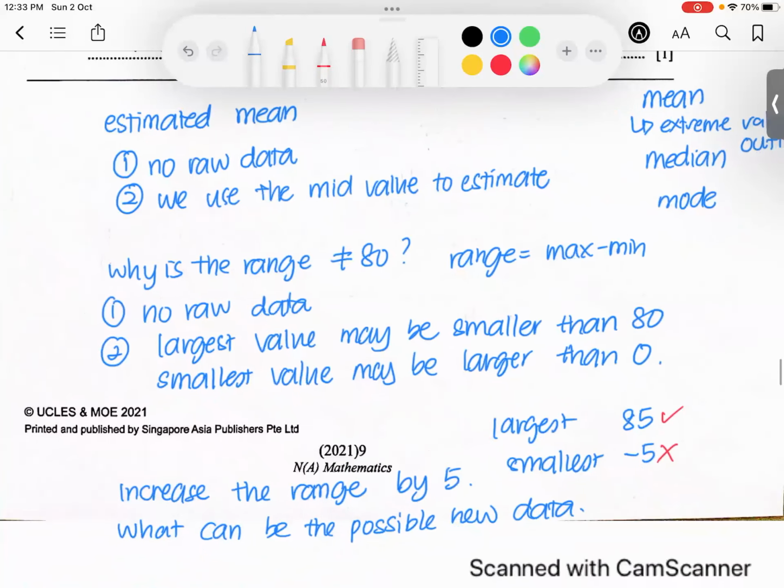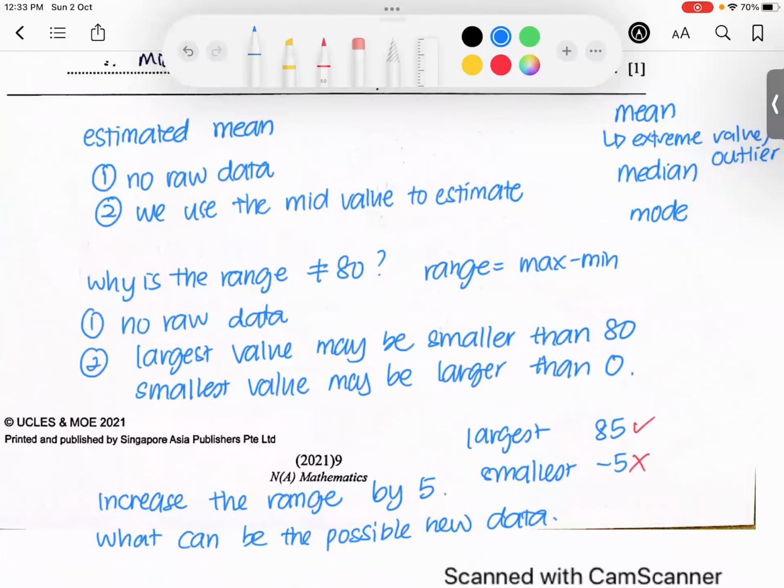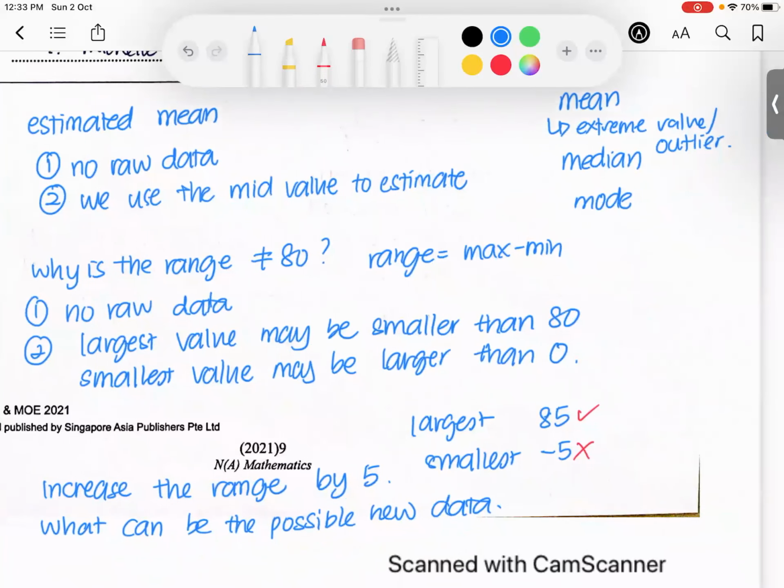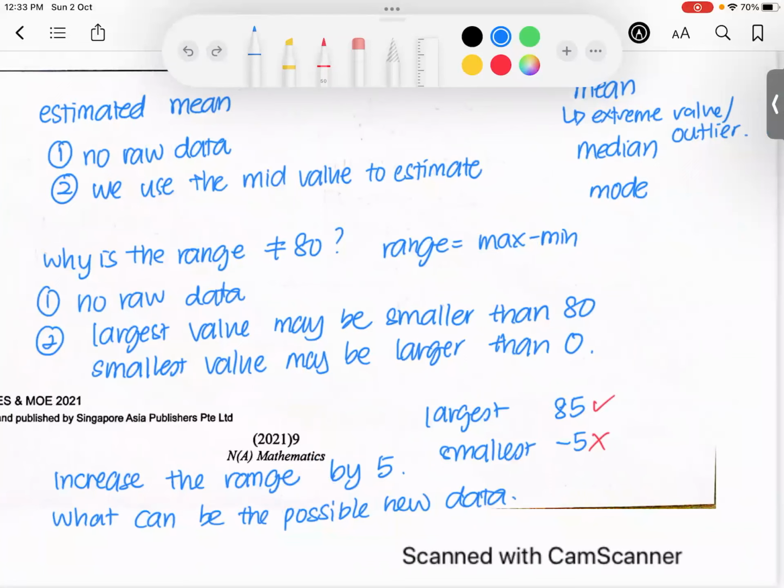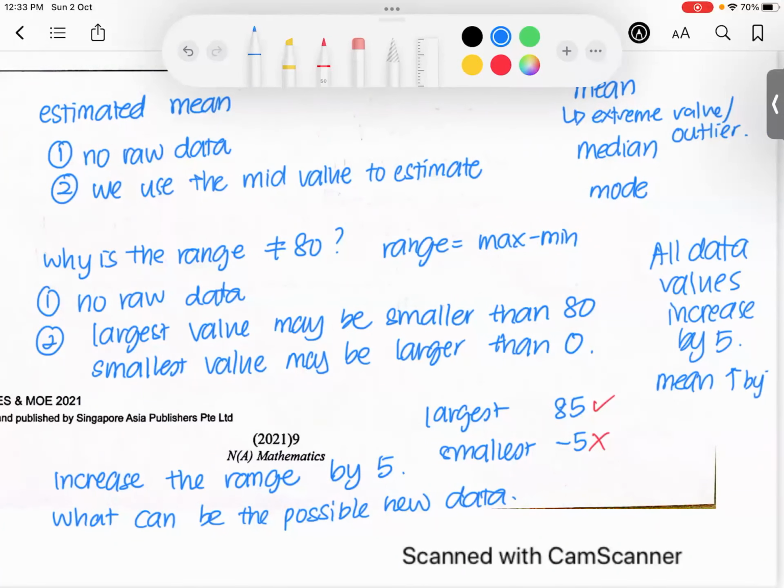The other types of questions, for example, let's say there's an error that's been made, and all data values are increased by 5. What happens to the mean? If all the data values increased by 5, my overall average will also increase by 5.